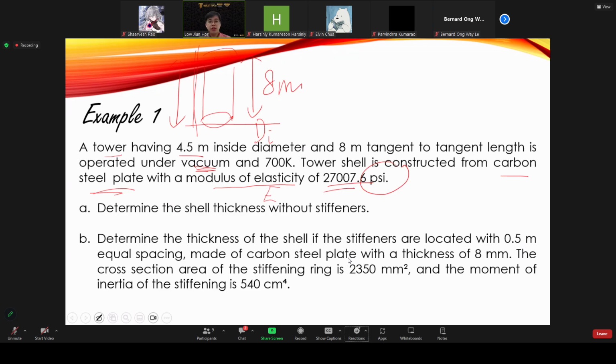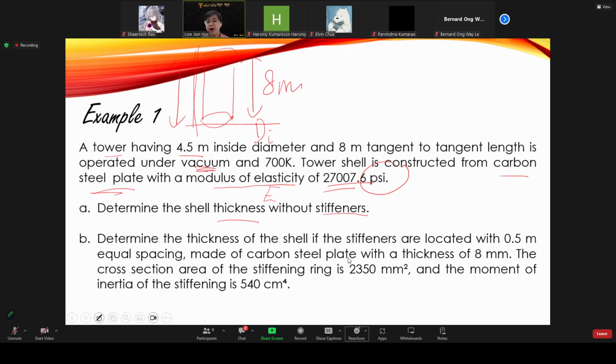So part A: determine the shell thickness without stiffener. Now they ask what the thickness of the shell is if I am not going to install any stiffening ring or stiffener. First you have to identify whether this is internal or external pressure.